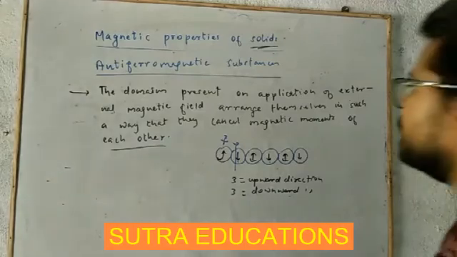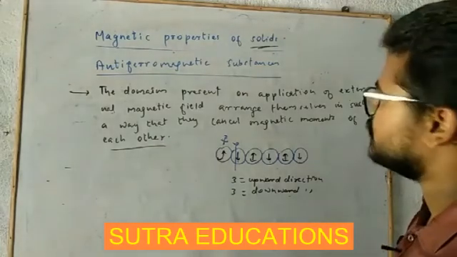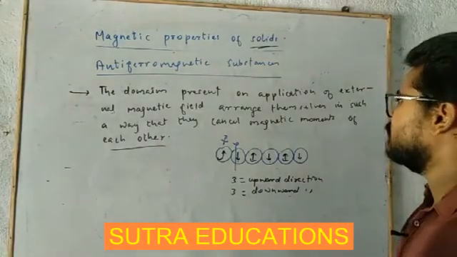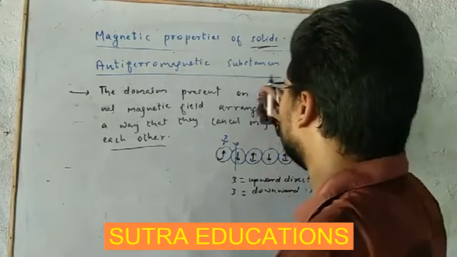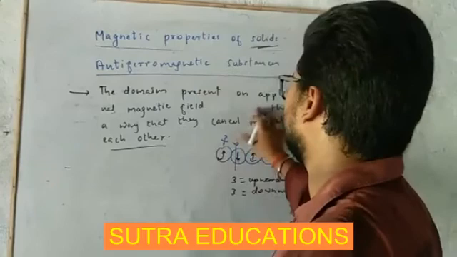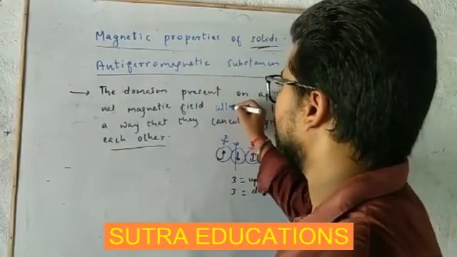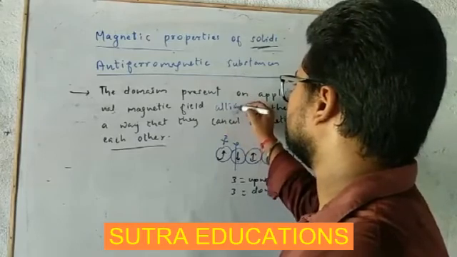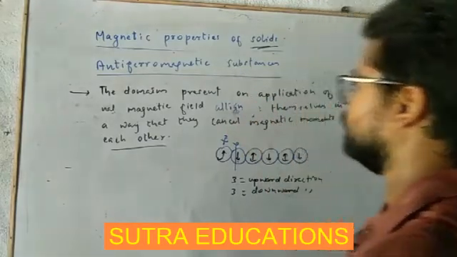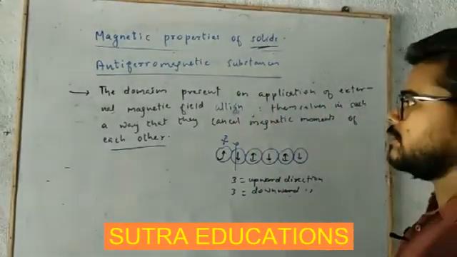So the domains present, on application of an external magnetic field, arrange, or a better word is align. Arrange is okay, but align will be more suitable. Align themselves in such a way that they cancel the magnetic moments of each other.